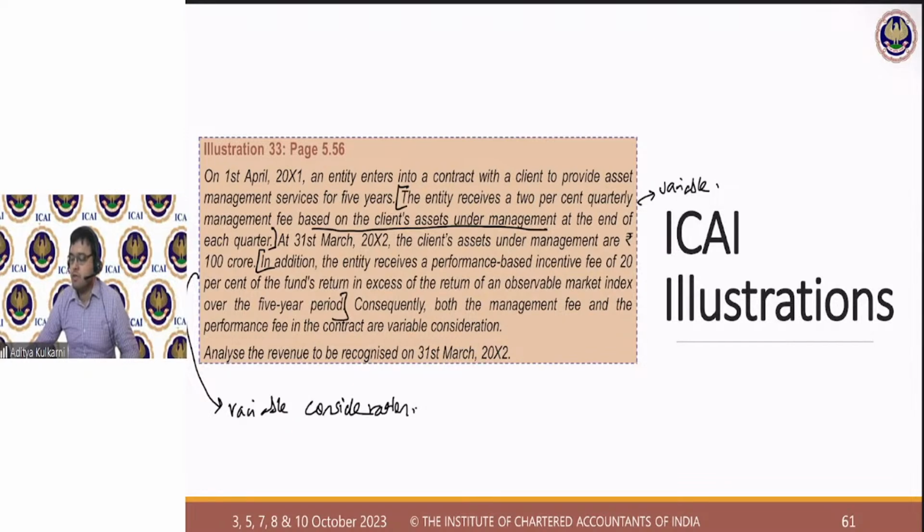What do you think should be the revenue? Okay. Manish, you are sure you have typed the right number?